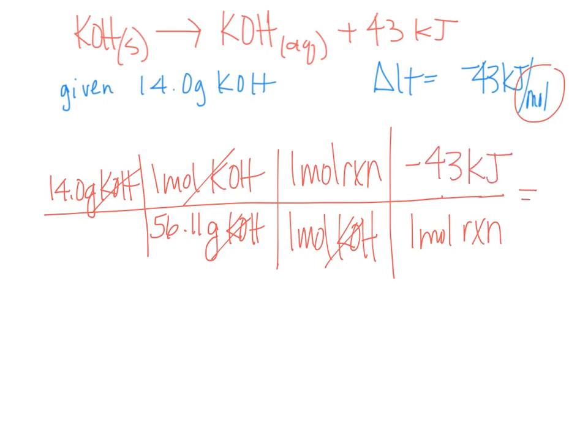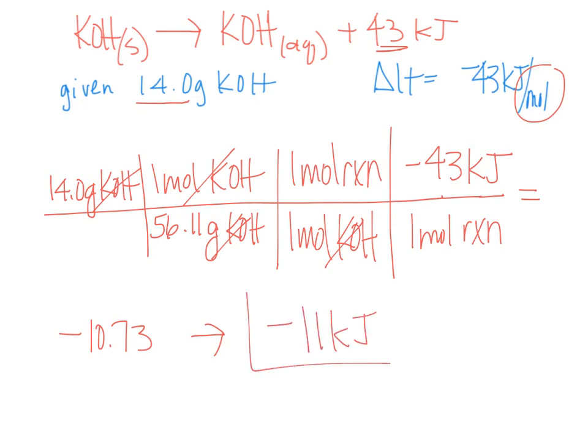And so now it's just a matter of doing the math. We multiply the top, divide by the bottom, and it comes out to a negative 10.73. Then we need to consider significant figures: it gave us 14.0, but we also have the 43 here, and so we actually need 2 significant figures, and so we're going to say that this would be a negative 11 kilojoules would be our answer.